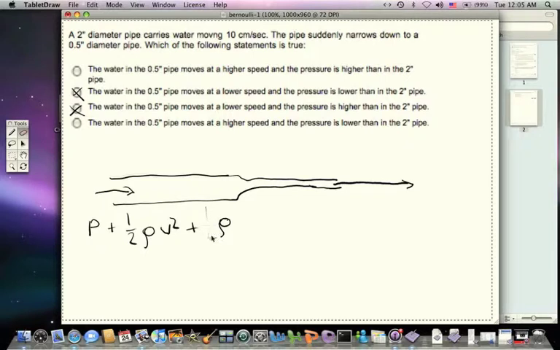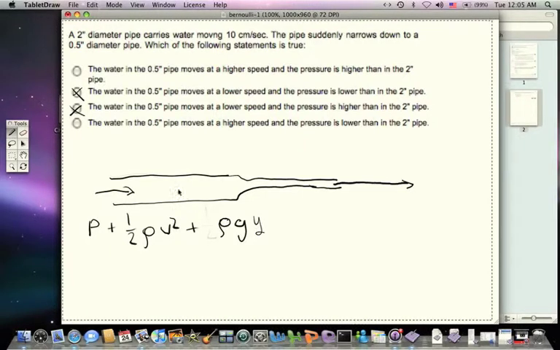Also have a term which is the potential energy, which basically just looks at its height above the ground.